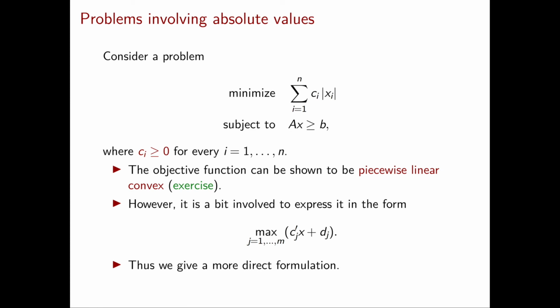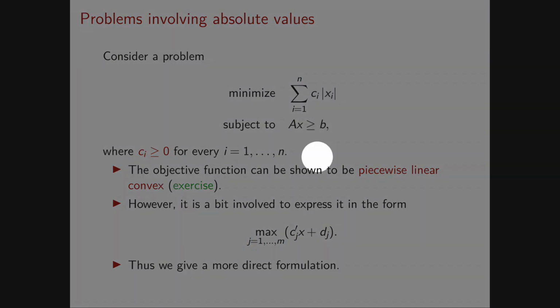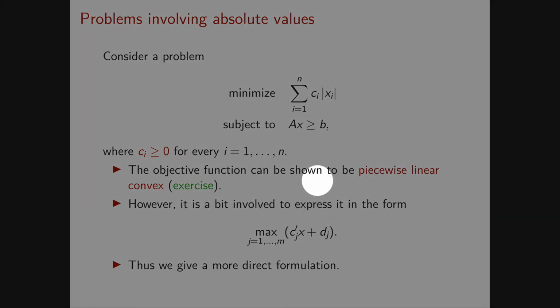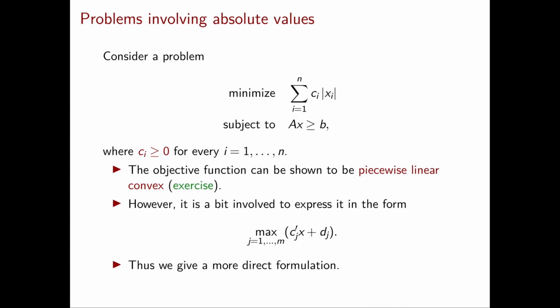In order to show this, you would need to write it down as the max of a number of affine linear functions. And once you've done that, then you can write this optimization problem as a linear programming problem as discussed previously. However, this requires some work, and there's a much quicker way to deal with this optimization problem.